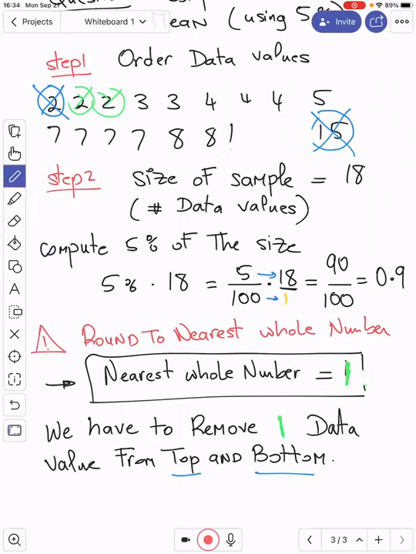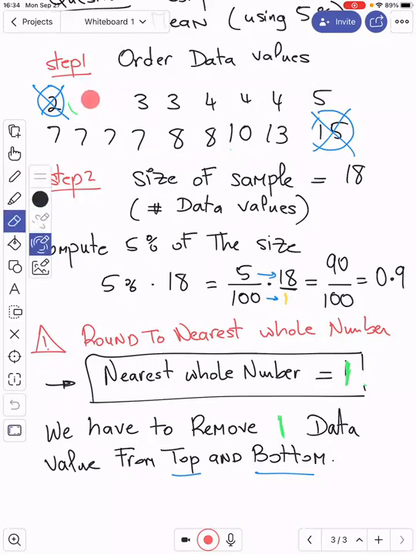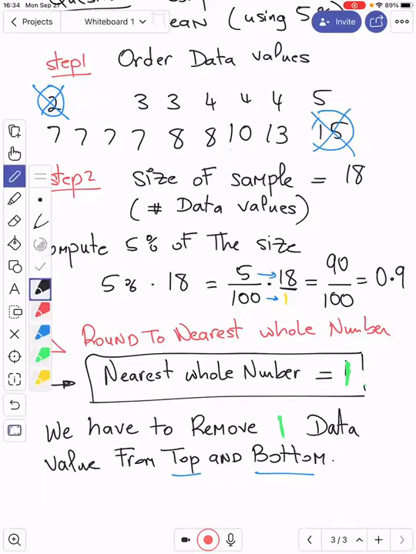We only remove the 15 because that's the largest number, and we remove just one 2. So I'm going to erase this here. I need to keep the 2 right here and the 2 right here. Any other question, guys?